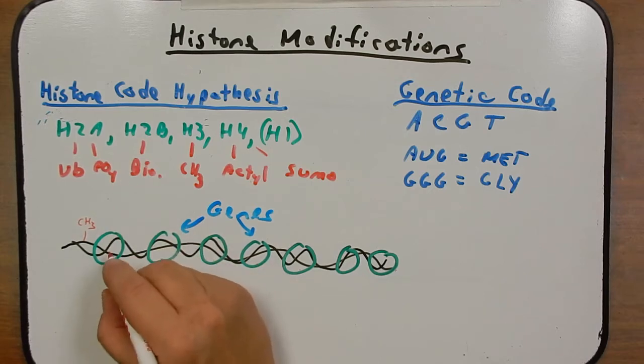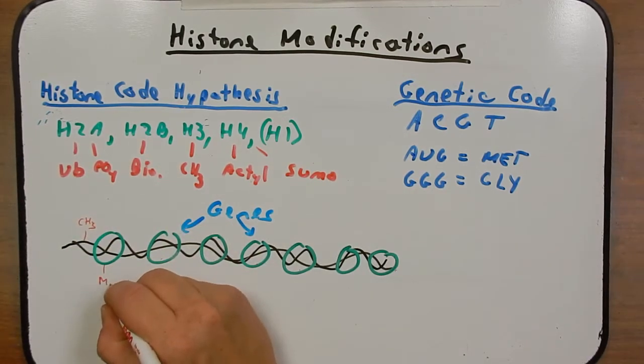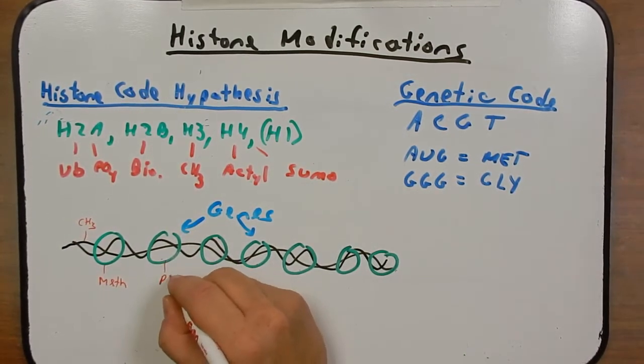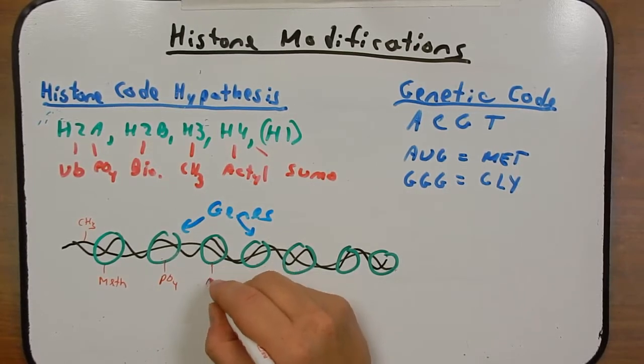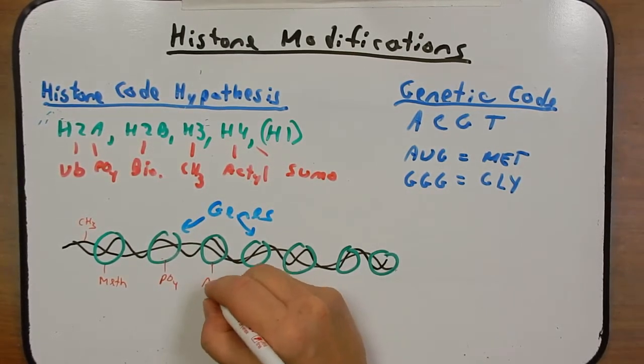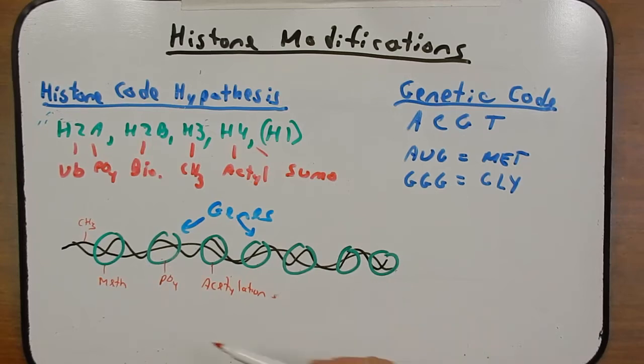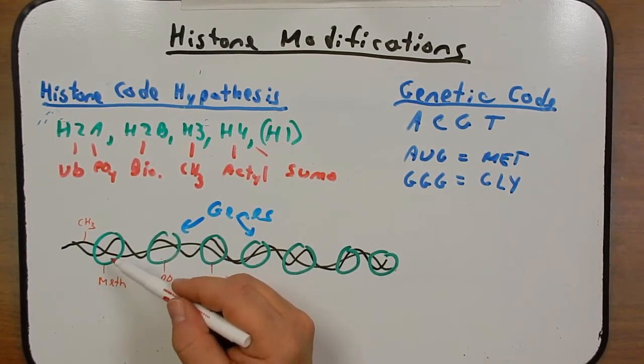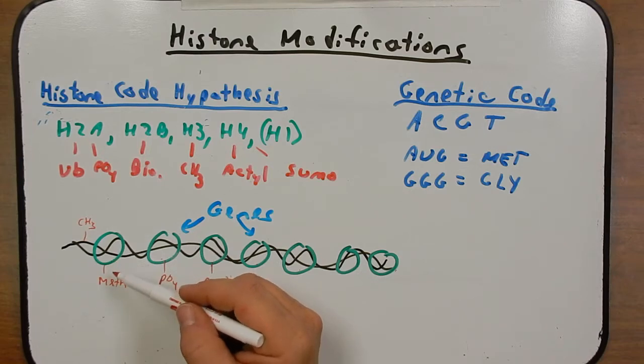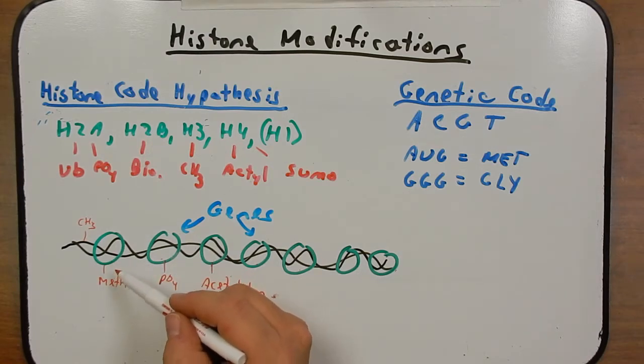These different modifications, methylation, phosphorylation, acetylation, and so forth, will either hold the chromatin together tighter to prevent transcription, or loosen it up, allowing for transcription to occur.